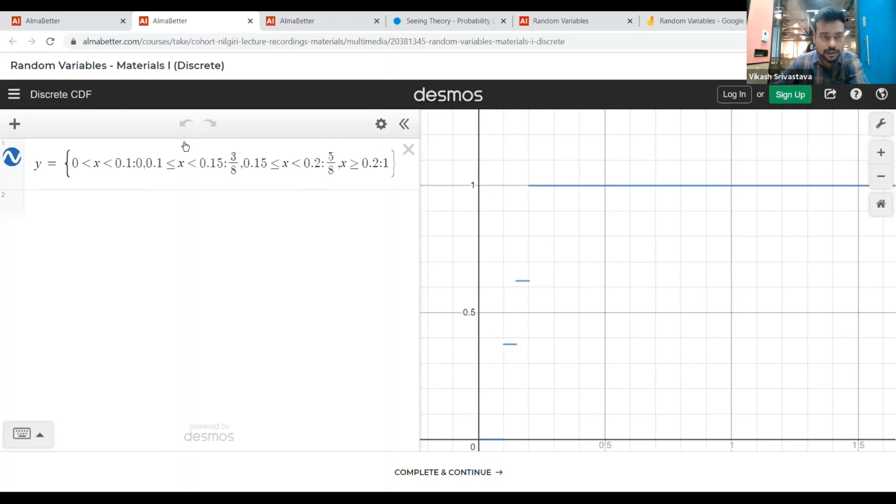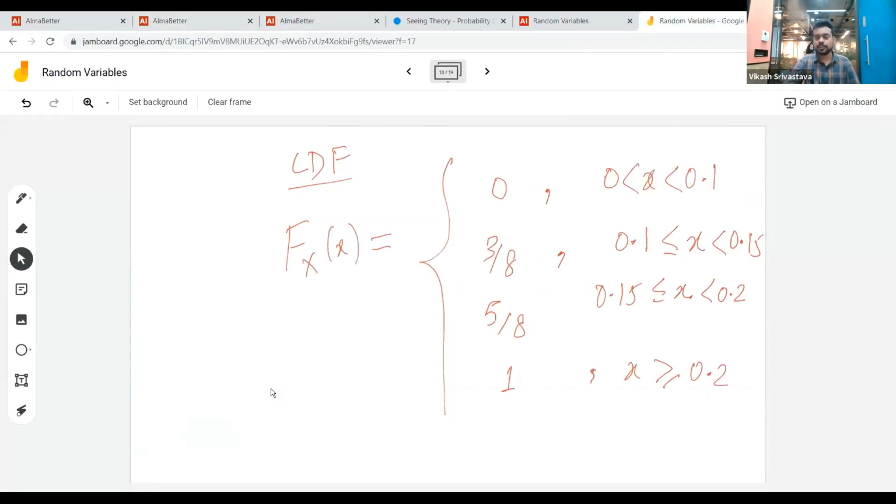Okay, just hang on a second. So if X is between 0.15 and less than 0.2, for this our probability is 5 by 8, and if X is greater than 0.2, so this will be 1. Okay, so now you guys will be able to see this, right?